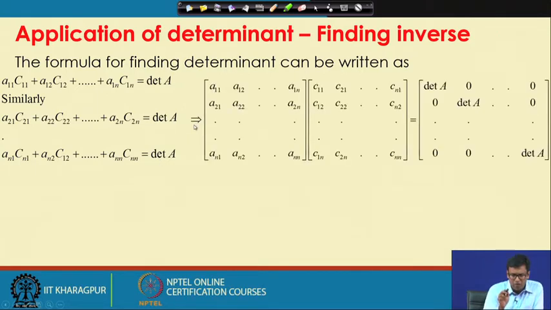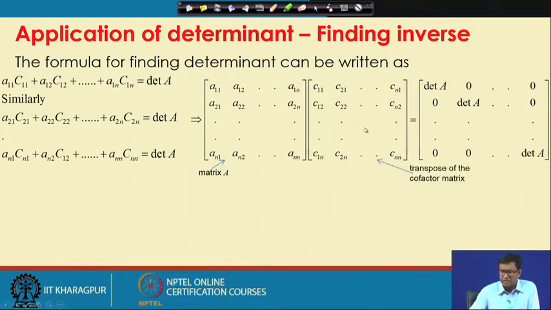This equation can now be expressed in matrix form, where A is the original matrix, and the cofactors are ordered in a transpose manner, that is C11, C21 up to Cn1 comes in one row of the matrix, and C11, C12, up to C1n, which are the cofactors of the first row of A, come as one column. So, this is the transpose of the cofactor matrix, and this gives us a diagonal matrix. This is a diagonal matrix, each entry is the determinant of A.